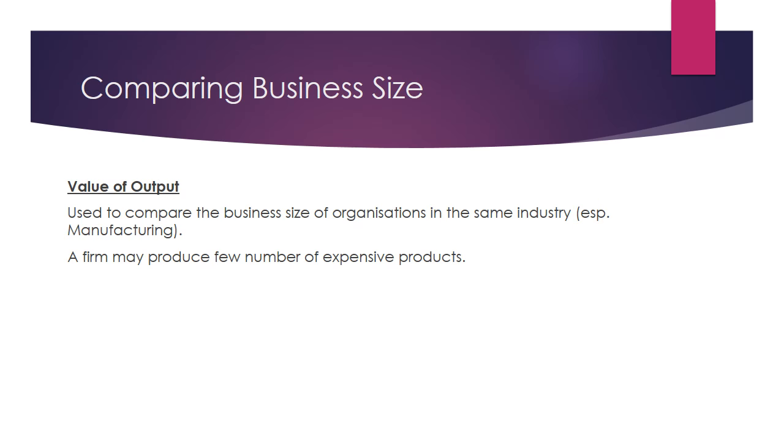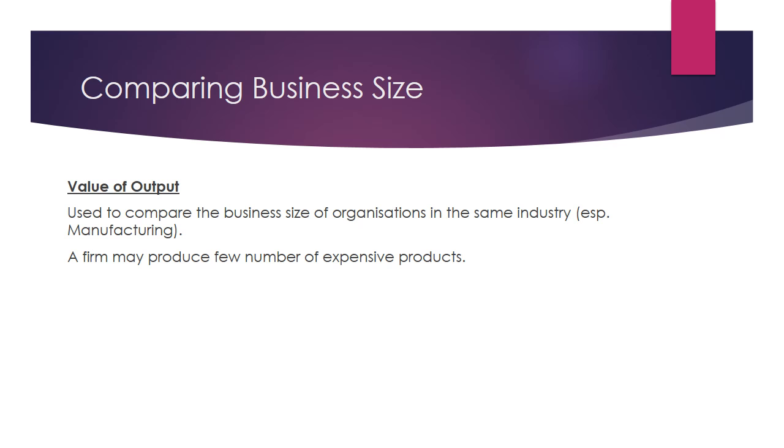The other yardstick that could be used is value of output. So this is essentially the value of your goods that you manufacture. So it's used in manufacturing business. The limitation would be that a firm may produce a few number of very expensive products.